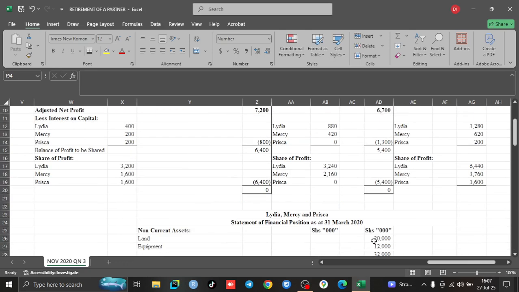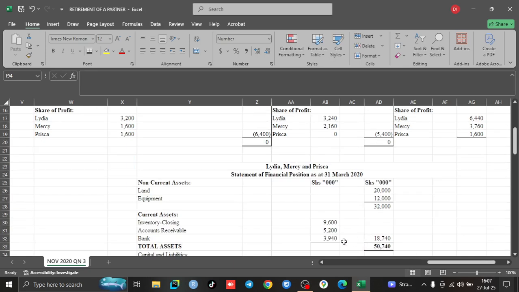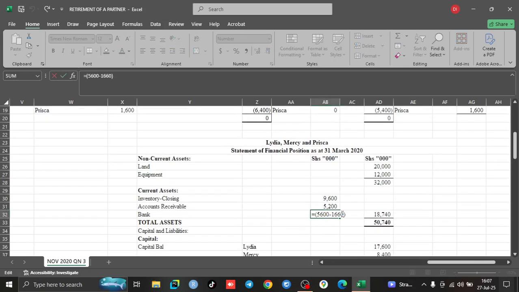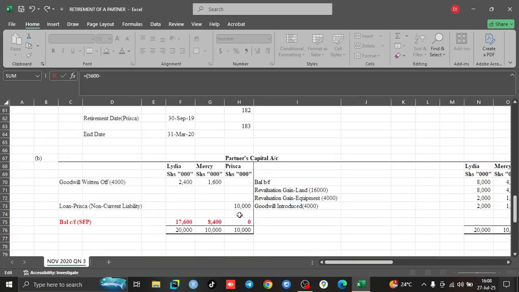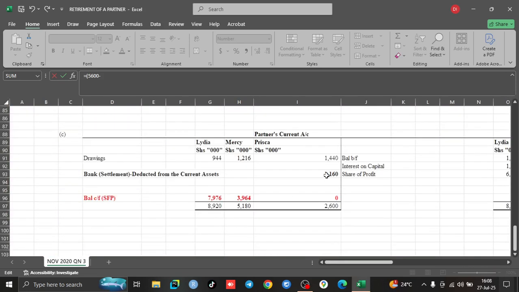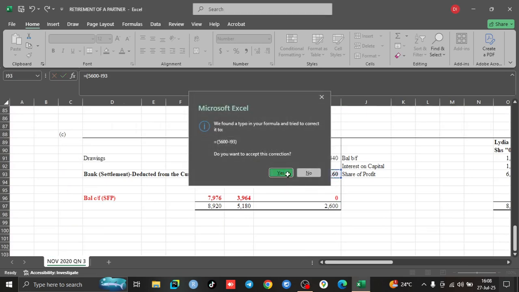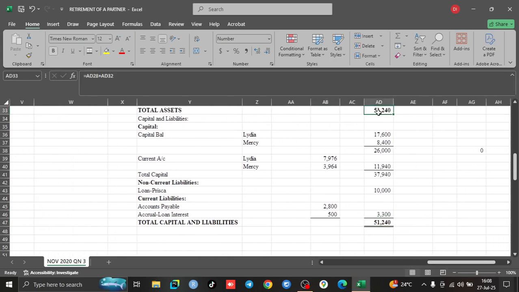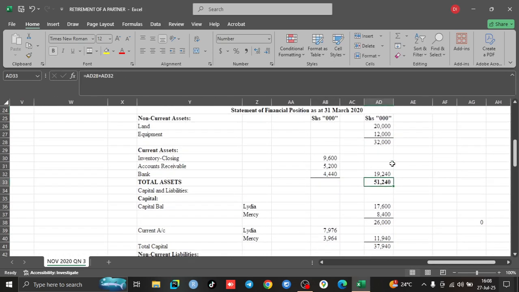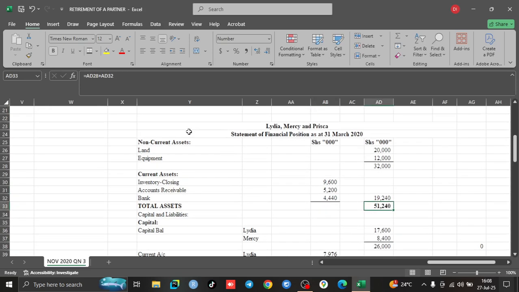So now for our bank balance, it's going to be minus this new adjusted amount of 1160. So that now the balancing figures tally. Yes, so that's how we do retirement of partnerships.